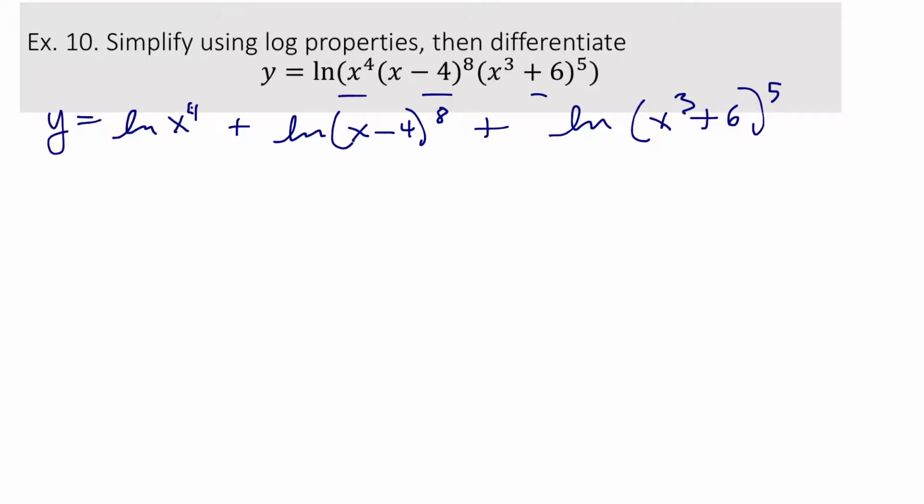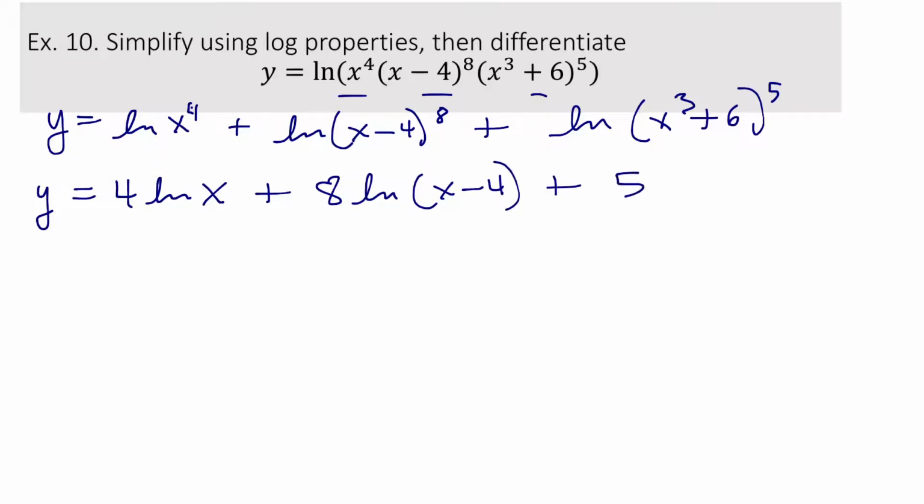And now you can see I've got these powers here that I can put out in front, to make it even more simplified. 4 ln of x, 8 ln of x minus 4, 5 ln of x cubed plus 6. All right, so now I'm going to differentiate.